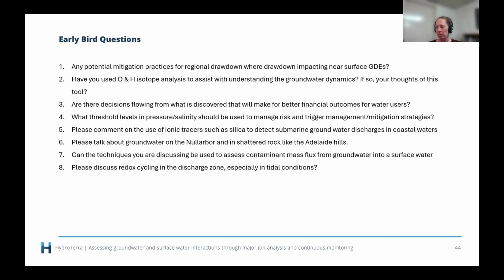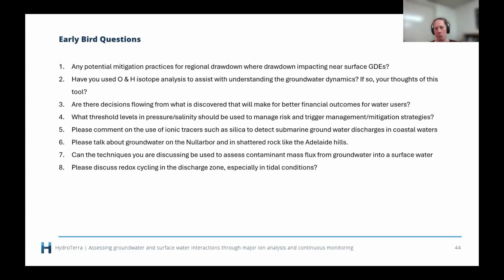As I said earlier, the submarine groundwater discharges and that tidal interaction with coastal waters, they're never easy to measure or pinpoint or understand. It's really quite a specialist field, and I would not purport to be an expert in that area. I understand the specific location of discharge will really depend on a bunch of different factors, most likely the geology, as well as the tidal strength and the cycles. But I'm not sure there's too much more I can add to this specific question.